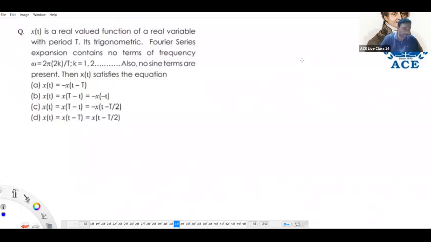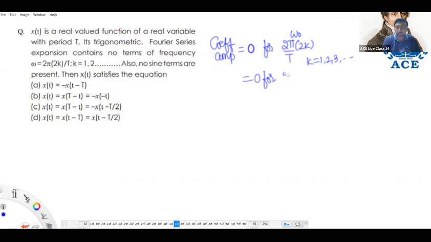The coefficient amplitude is 0 for certain frequencies. So it is 0 for, indirectly, even harmonics.